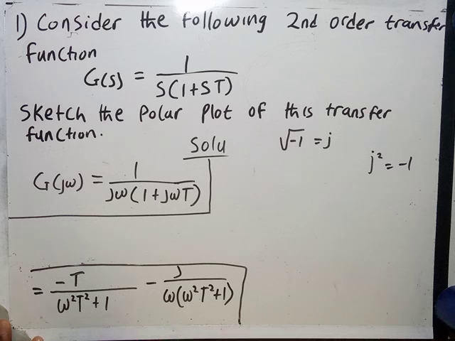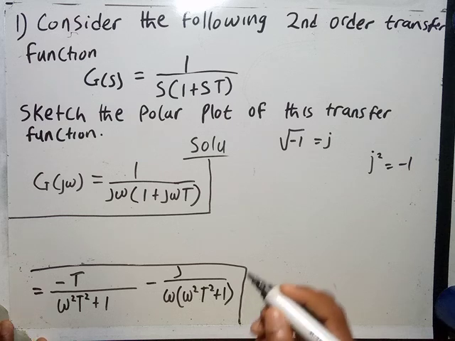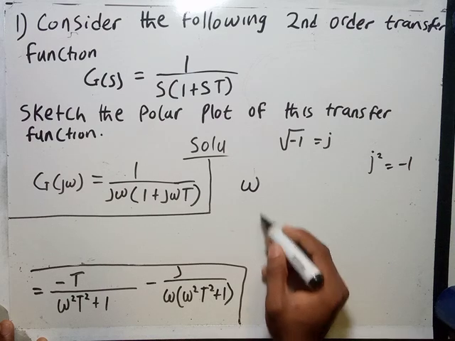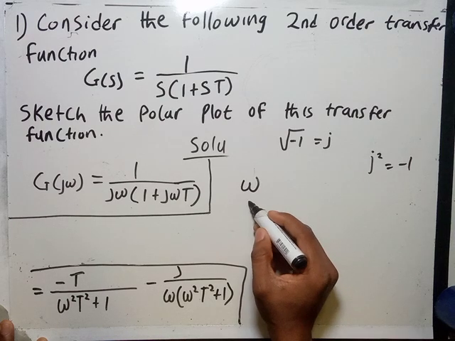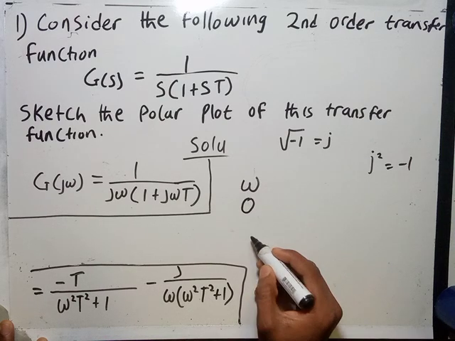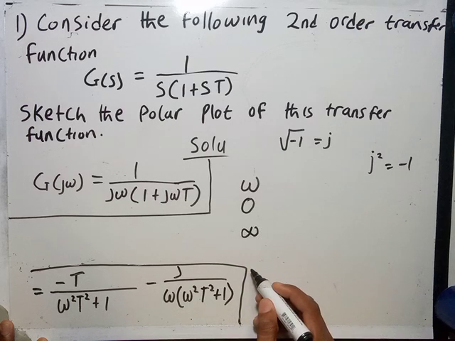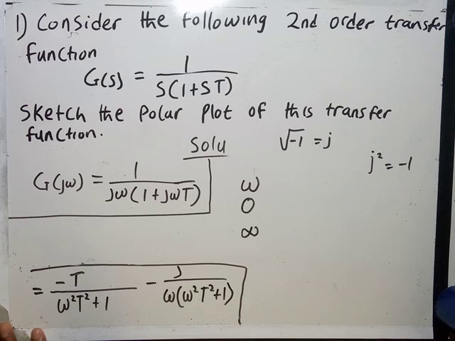We don't want to see variables in that formula, so we assume w to be first 0 and next infinity.